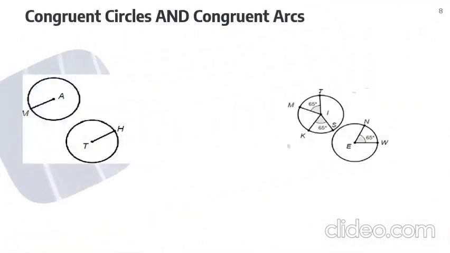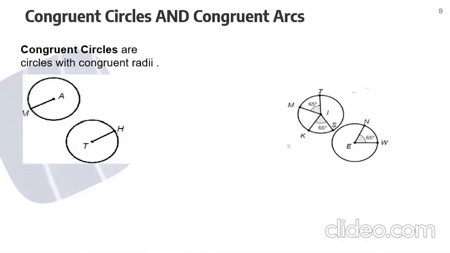Congruent circles and congruent arcs. We can say that congruent circles are circles with congruent radii.